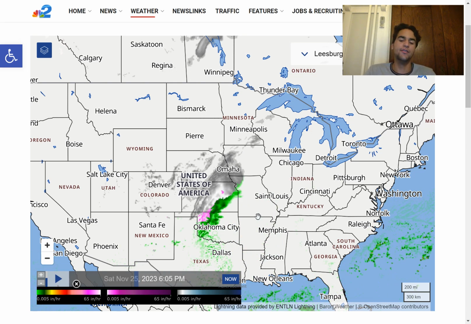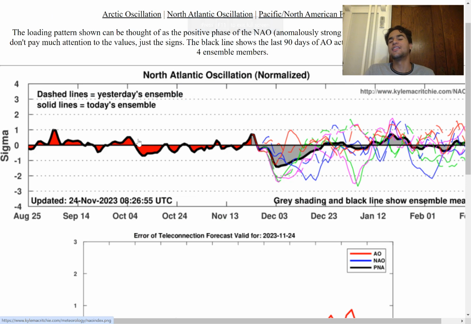Another thing that I think could encourage a significant snowstorm pattern developing by the time we approach early to mid-December is the fact that we're going to be in a negative North Atlantic oscillation. And typically during a negative North Atlantic oscillation, we see the westerly winds weaken, which allows cold air to have more of a shot of moving southward into the United States.